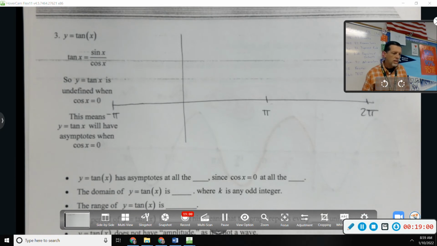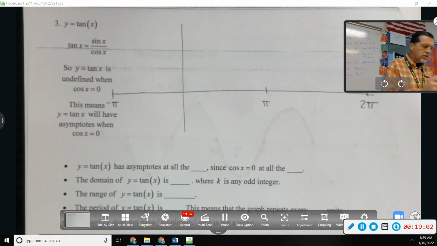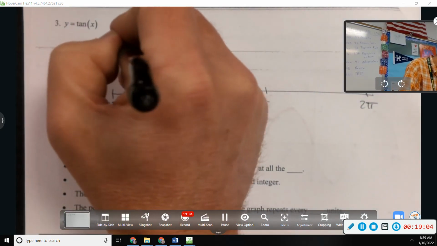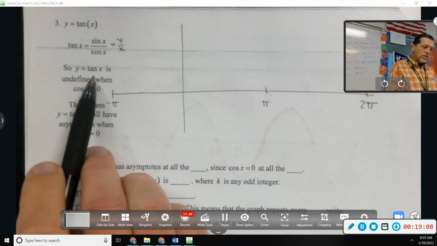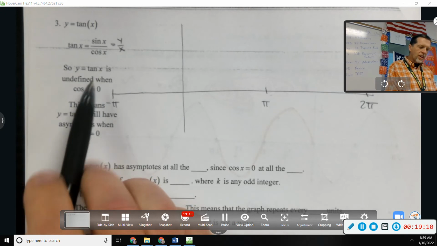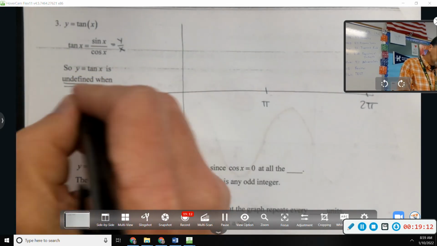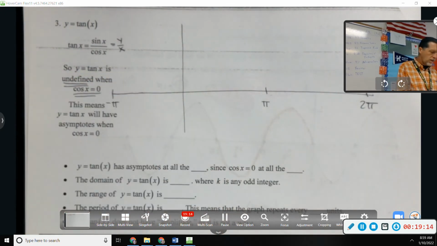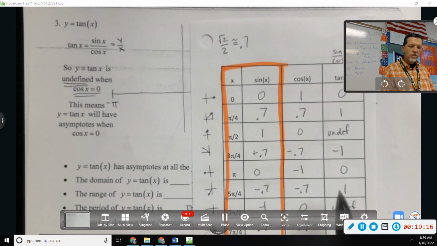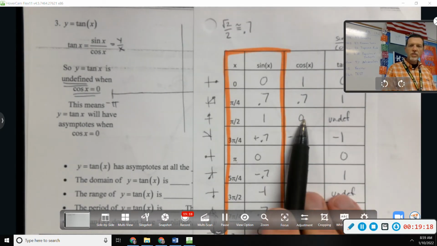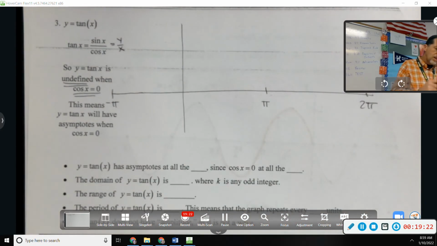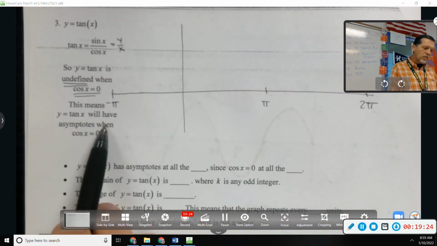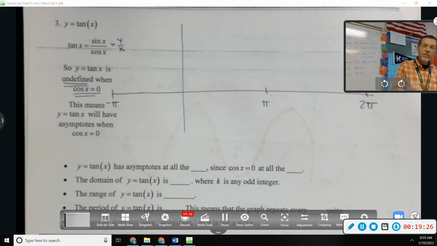Let's see. Tangent is sine over cosine, which is y over x. So y equals tangent of x is undefined when cosine is 0. Now that matches our table, right? When cosine was 0, tangent's undefined. This means y equals tangent of x will have asymptotes. If the denominator is 0, that makes an asymptote.